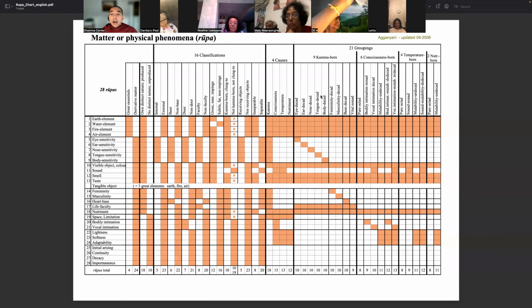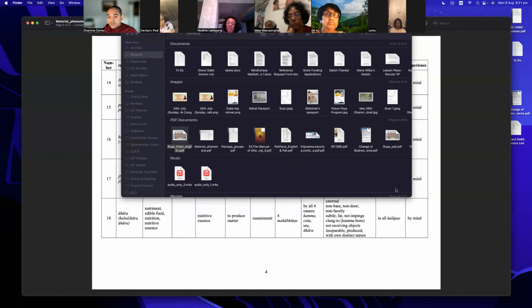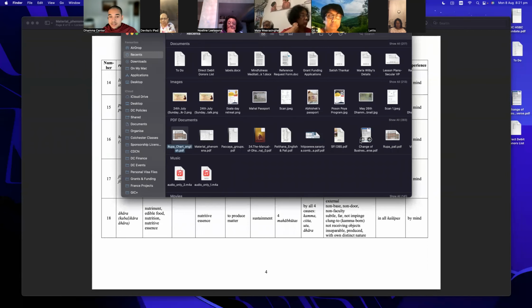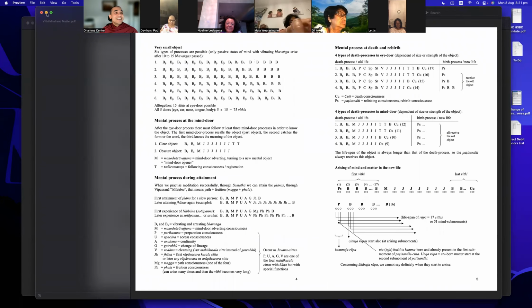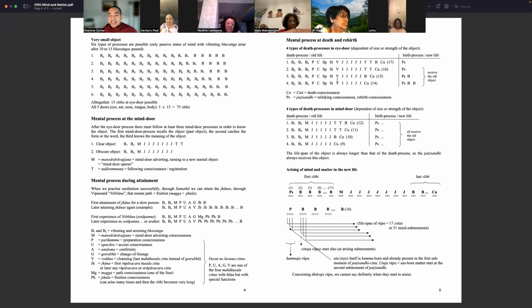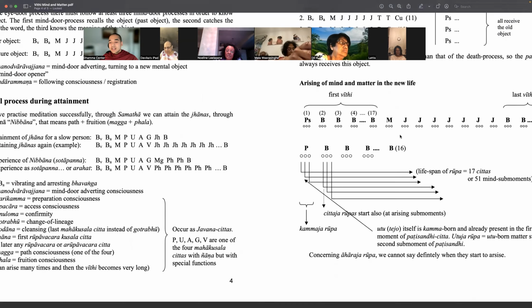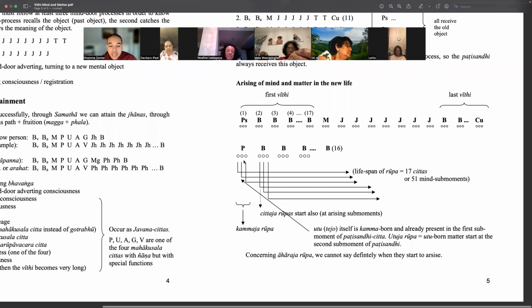So, karma born at rebirth, everyone. What arises? Another chart. We have charts for everything, which is wonderful. Now, here, Kammaja Rupas at this moment, at the moment of rebirth. This is what we are taking.